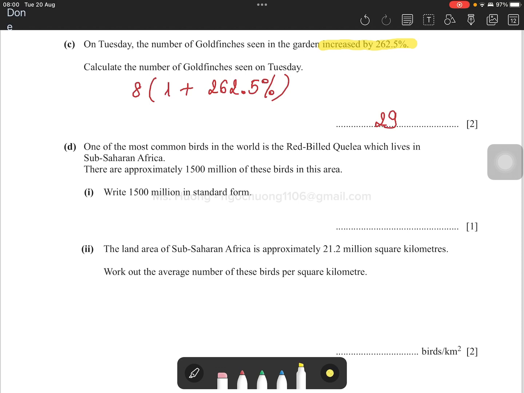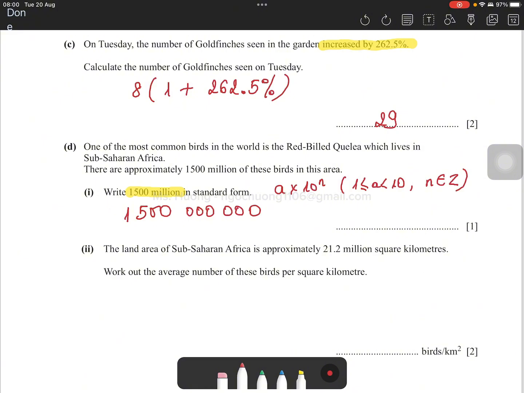D. Write 1,500 million in standard form. First of all, you know 1,500 million means there are 6 more zeros. And to write this in standard form, you know the standard form means A multiplied by 10 to the power of n. And remember, A must be a value from 1 to less than 10, and n is an integer.